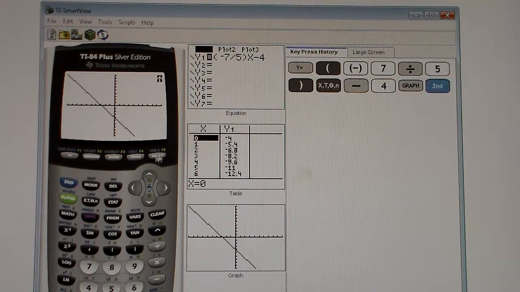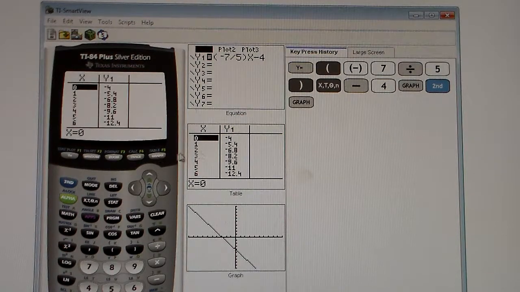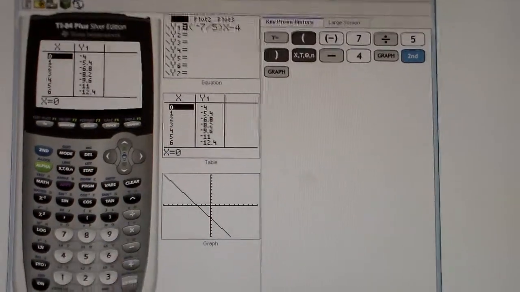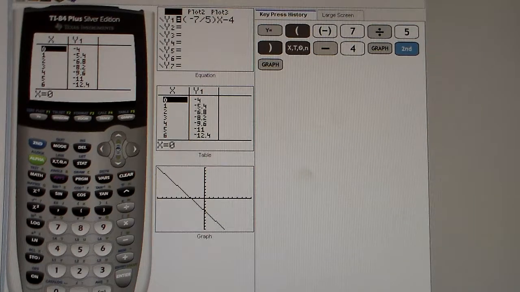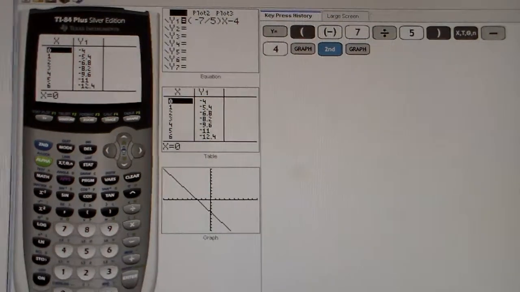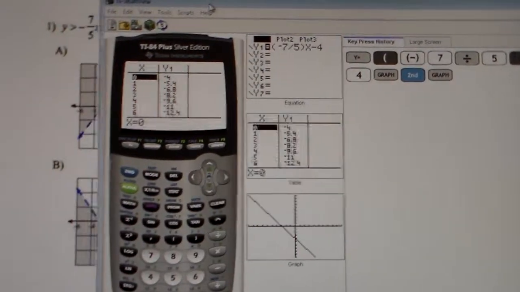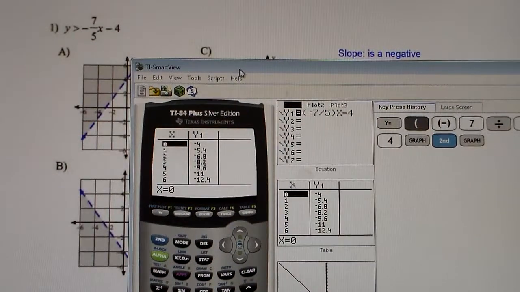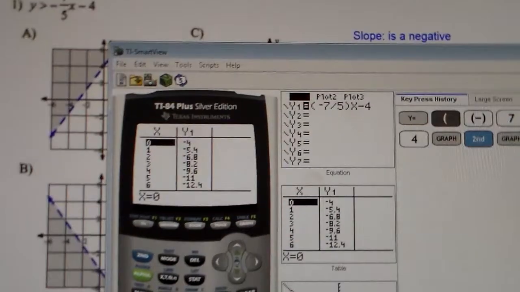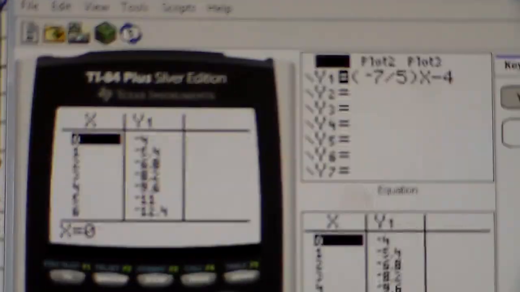And if we hit second graph, we're going to get a table. On this table, let's see if I can make it bigger on your screen. Nah, I can't. Or maybe if I zoom in with the camera. Let's try that. Well, that seems to work.